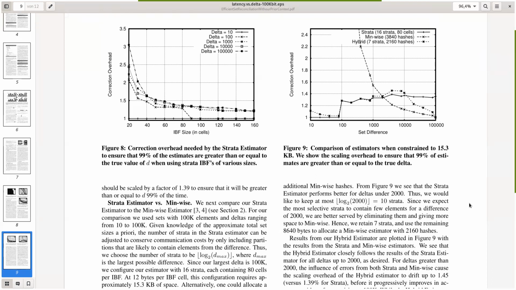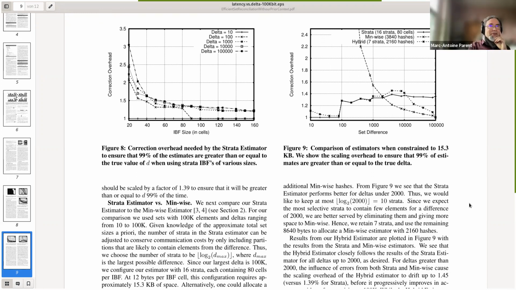Yeah, I think in this case, if you have a big difference, you will have lots of strata where the decode will succeed, or maybe I don't know. This seems to be somewhat of a cutoff point for the hybrid strata that they're trying to think of.